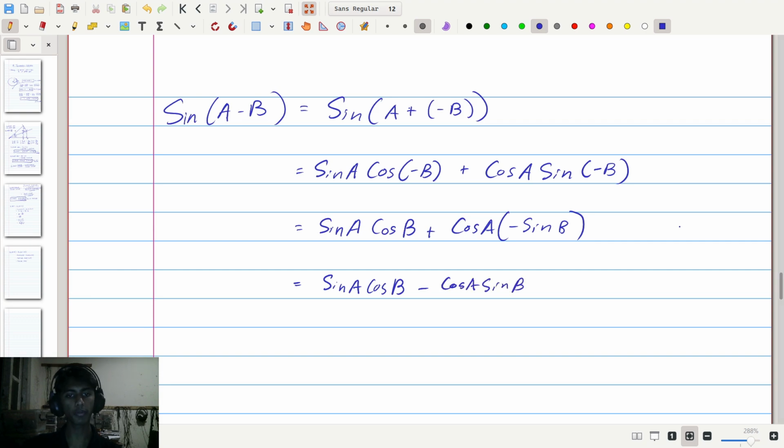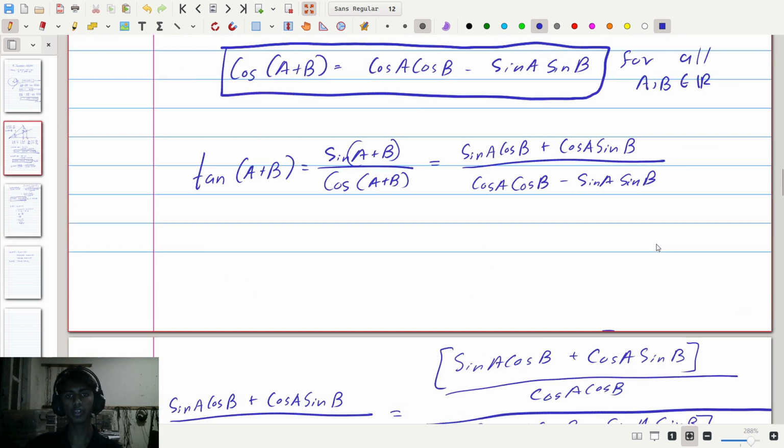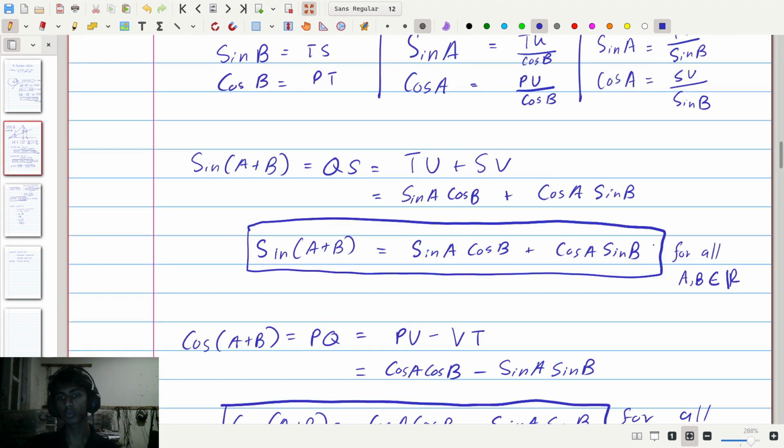So there we have a formula for sine of A minus B. Sine of A minus B is equal to sine A cos B minus cos A sine B. Recall, sine of A plus B is equal to sine A cos B plus cos A sine B. The plus has now become a minus in the negative formula.